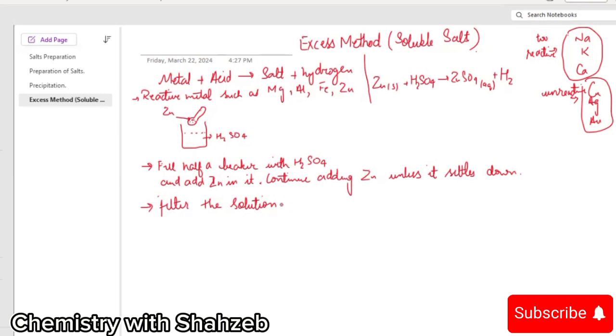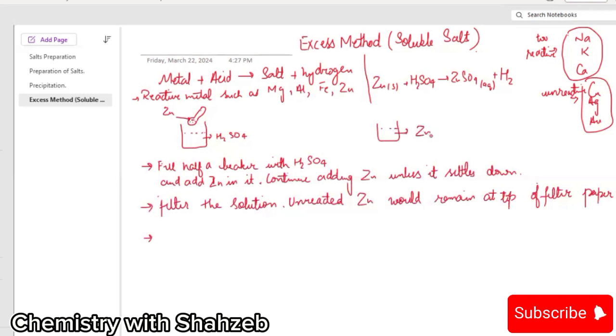So filter the solution. What happens? Unreacted zinc would remain on top of filter paper. Now, after filtering, we have the aqueous solution of zinc sulfate.